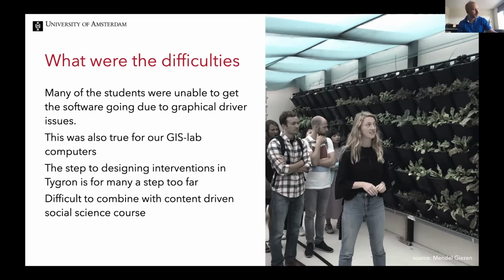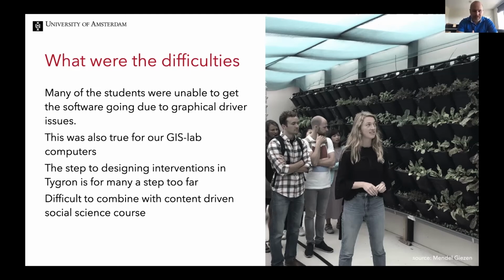Even with the tutorials online, they still found it quite difficult and challenging, and also challenging when things didn't work, how to actually get it to work. And for me, of course, it's also difficult to help them because I'm also not a technical expert in the Tygron engine myself. So that was a difficulty.